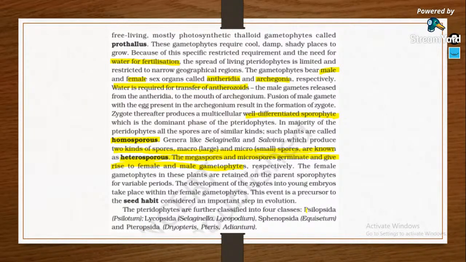It is classified into four classes: Psilopsida, Lycopsida, Sphenopsida, and Pteropsida. Okay, so we will learn it in detail, with some examples.